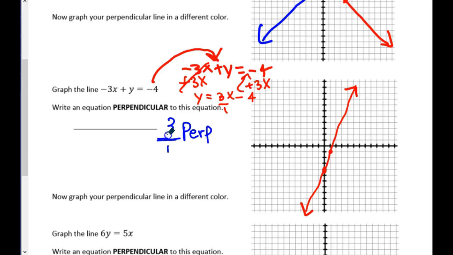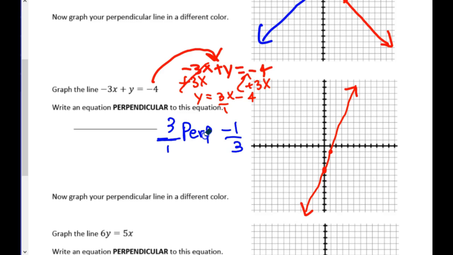Positive becomes negative, and the 3 over 1 becomes 1 over 3. From 3 over 1 to negative 1 over 3. Does everybody see how you get a perpendicular slope? You have to change two things, the sign and the fraction.